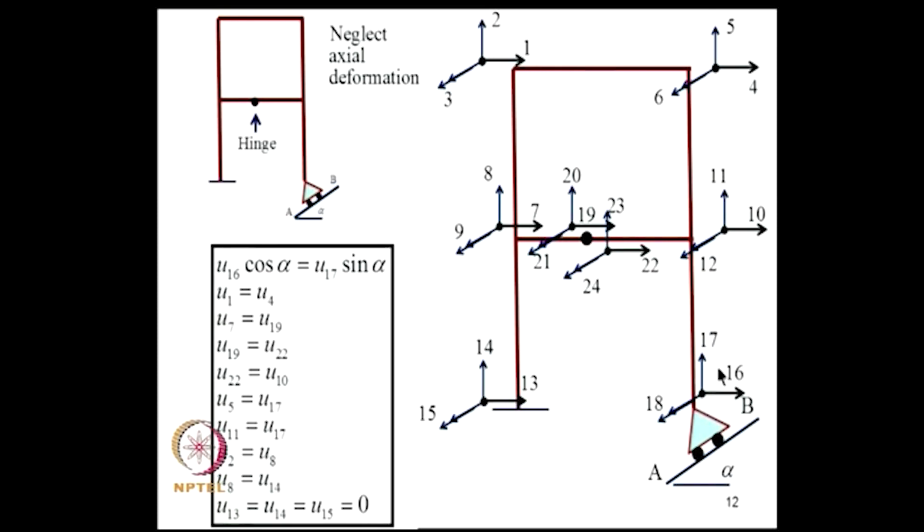U17 incidentally is not 0 because this point moves. Then U2 is U8, U8 is U14, and we also have the boundary conditions here, U13, 14, 15 equal to 0. So, now we can write all these equations as constraint equations, and we can eliminate the constraints and apply the boundary conditions, and we will be able to analyze this problem.